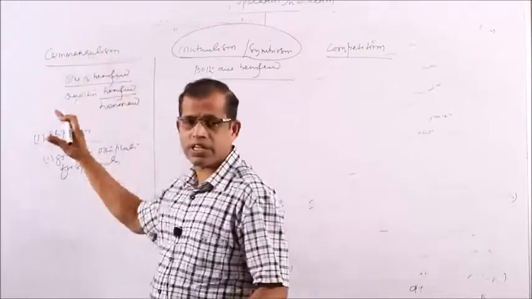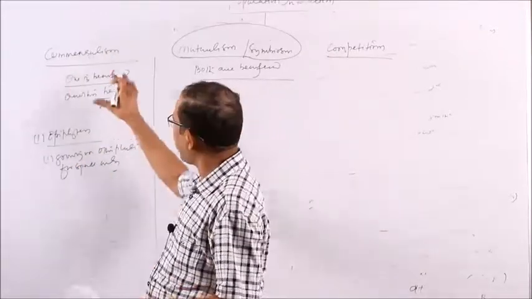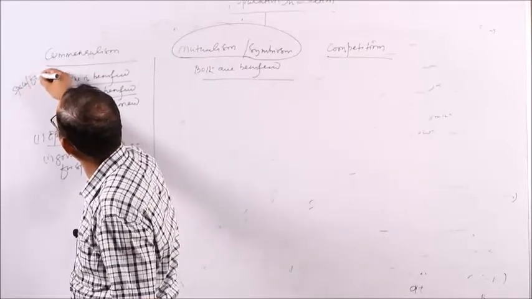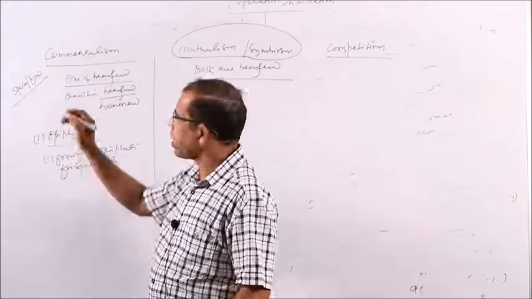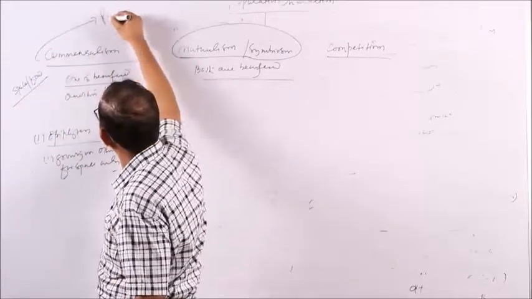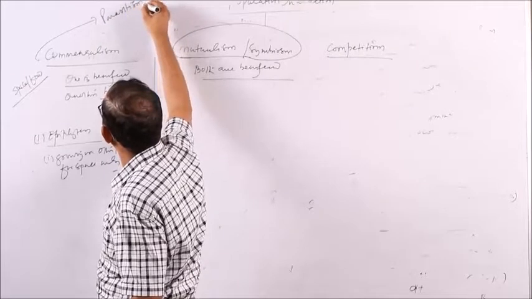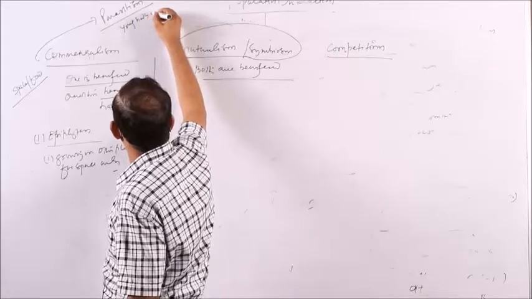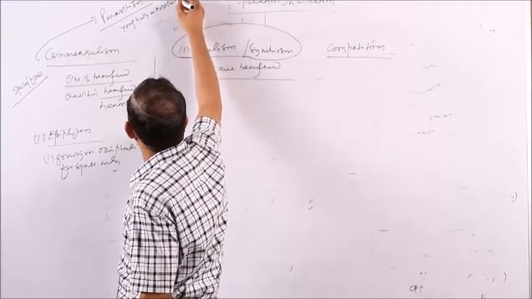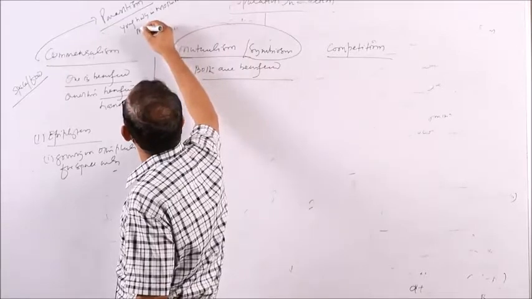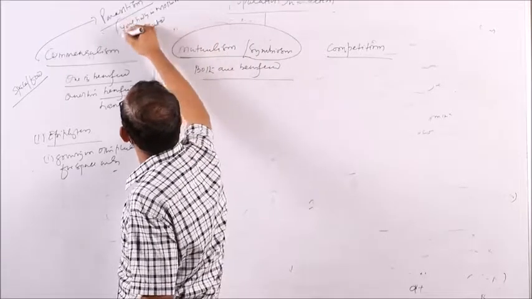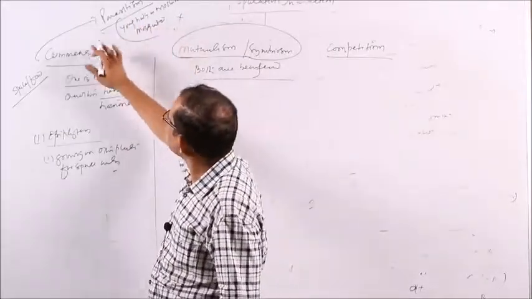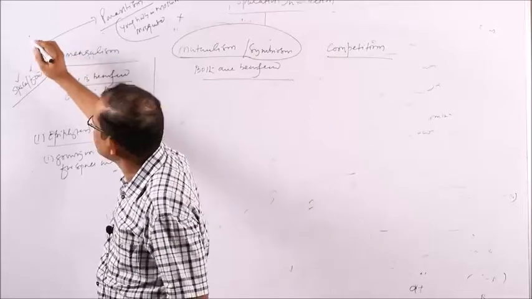Very important is that when this competition is happening, in commensalism you will find they go for space and food. Sometimes in parasitism they also compete, but the young baby in the mother's womb and the mosquito cannot be called parasites if they are competing only for space and food.